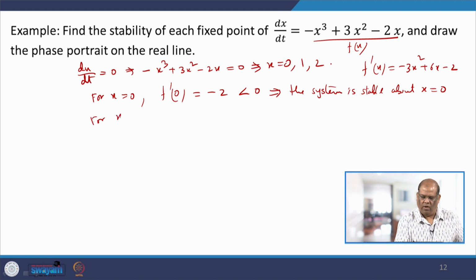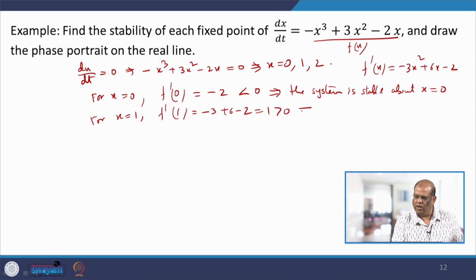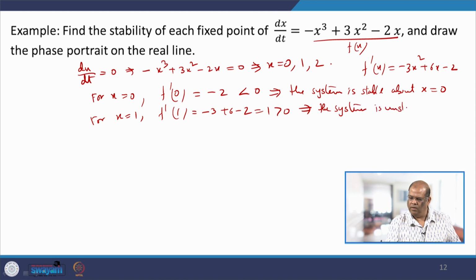For x equal to 1, f dash 1 is minus 3 plus 6 minus 2, which is 1, greater than 0, which implies the system is unstable about x equal to 1.